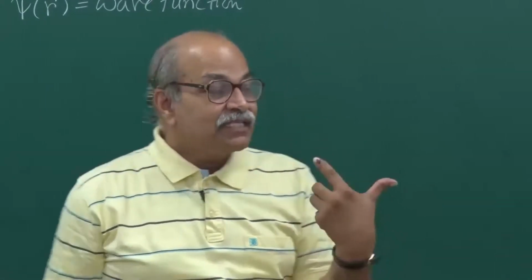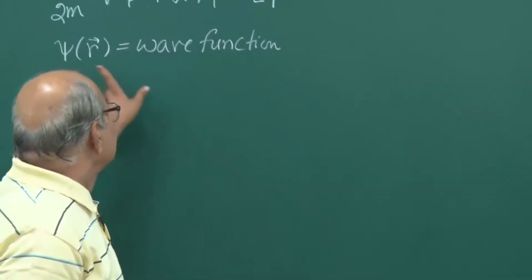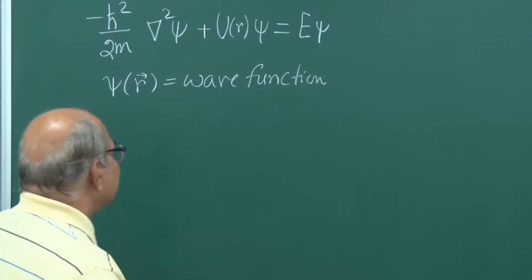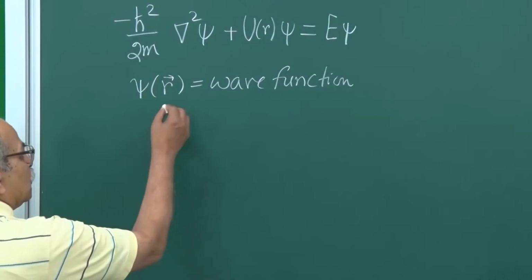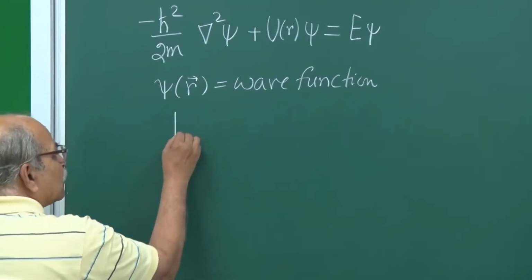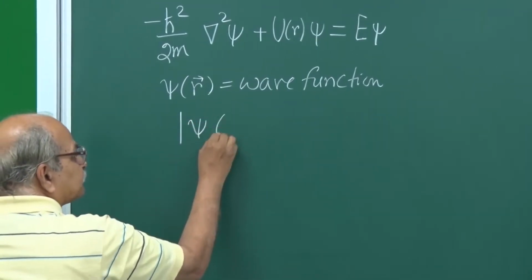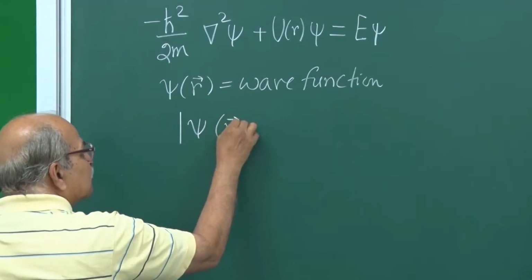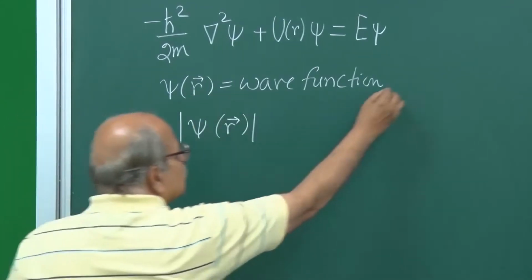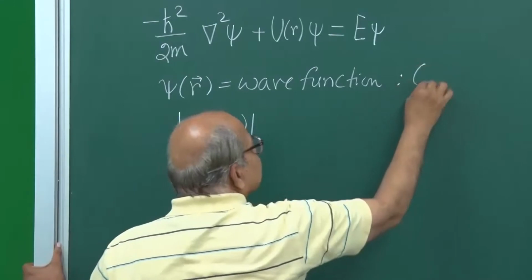Okay. So this wave function psi, which is a function of a space point, if you write what is called mod psi square. What is that mod? This function can be a complex function.